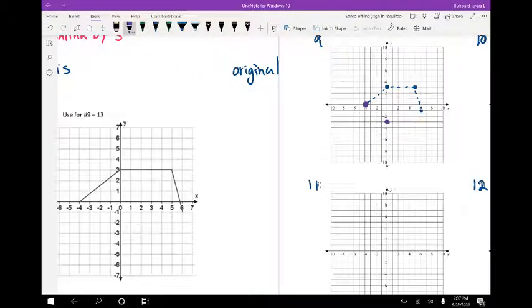The y value will go negative, so it'll become (5, -3). And (6, -1), again, that y value is going to be reflected, so it'll become (6, 1). Okay, I'm going to continue using a dotted line here just because I'm not done yet.